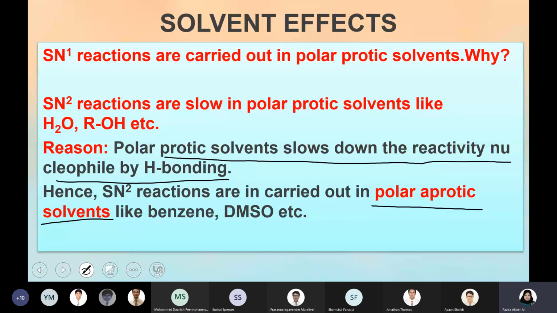So if the nucleophile reactivity is slowing down and the attack is not happening, the reaction will not happen. So the solvent should be polar and aprotic, the one without hydrogen, because otherwise it will make hydrogen bonding. So in order to avoid the formation of hydrogen bonding, it should be aprotic. Dimethyl sulfoxide. You will learn these examples in coming chapters.